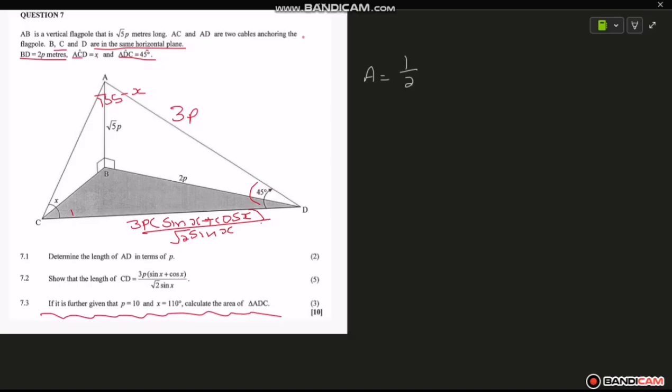I'm not sure if you're going to have space here to write all of this, but I'll make it plain. Half times CD times AD. Why?